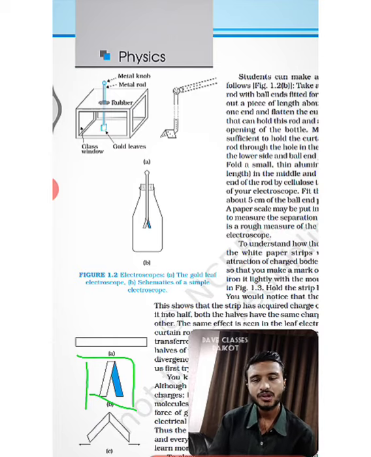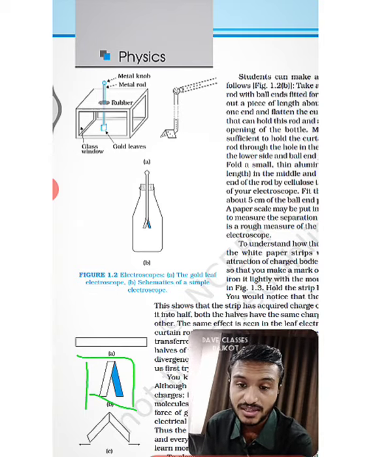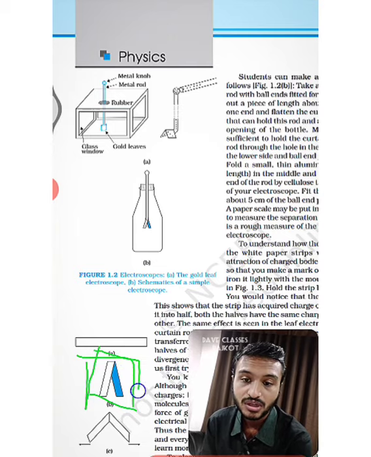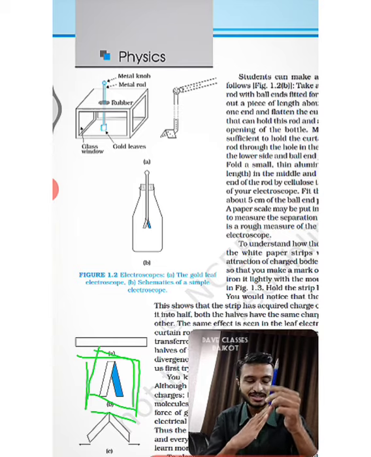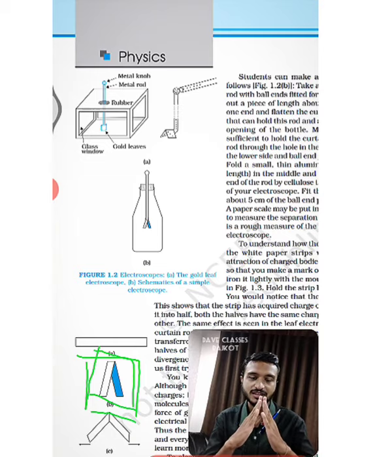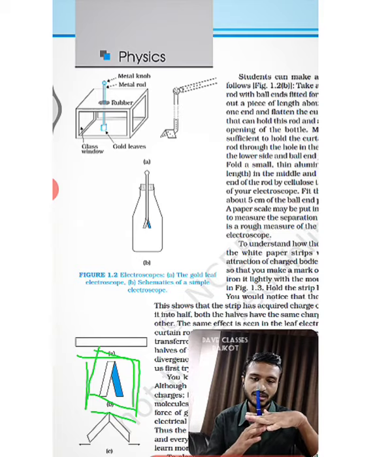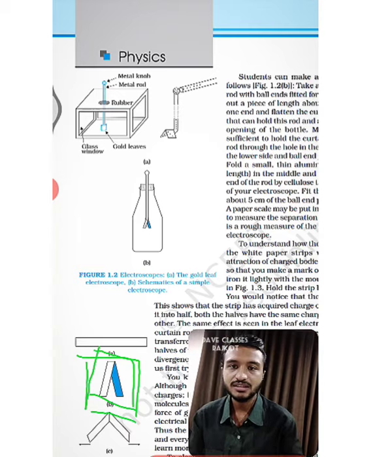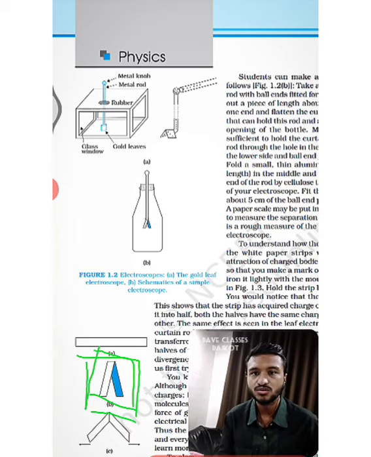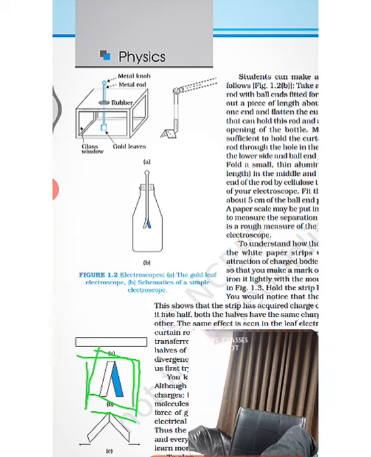Then with the help of another tape you can stick it to the rod. So ultimately this setup will be built along with the rod. With the help of this you can prepare the electroscope.